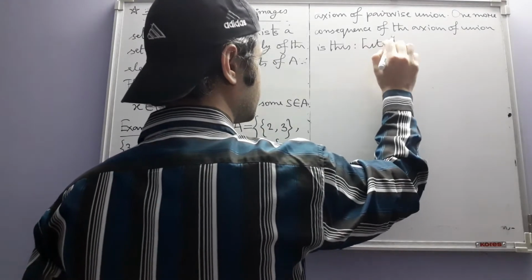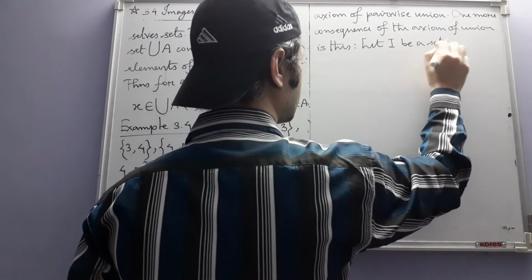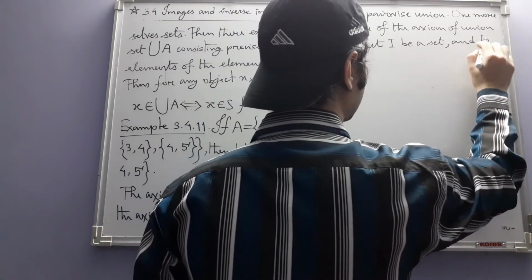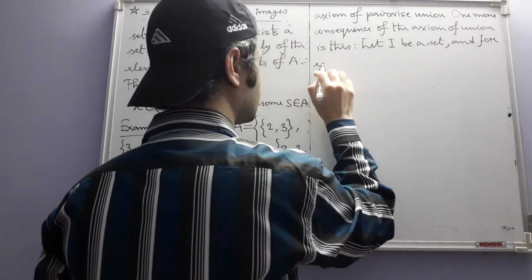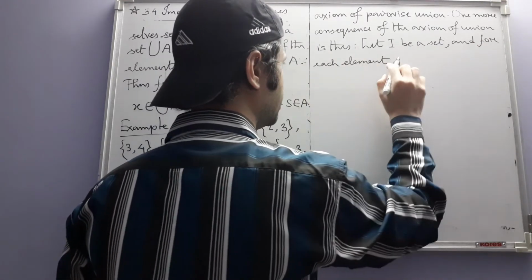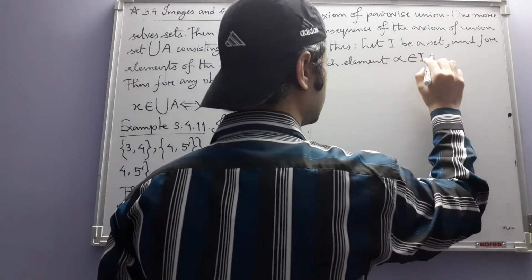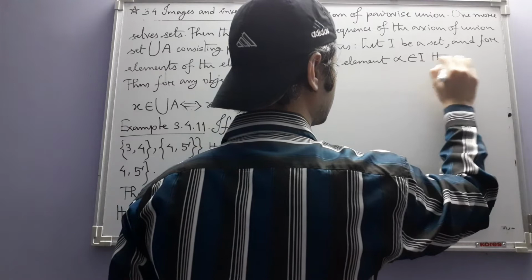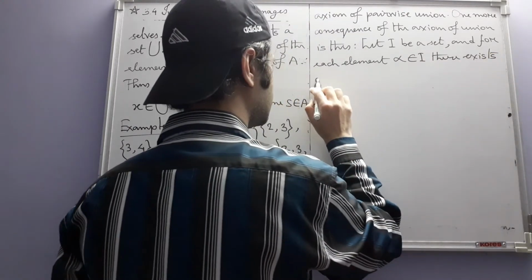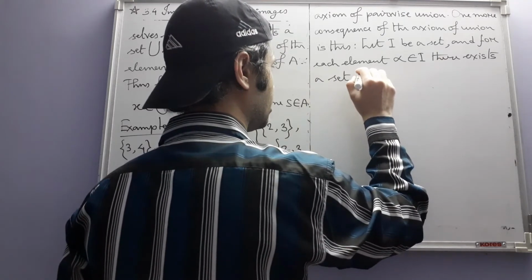Let I be a set, and for each element alpha in I, there exists a set A alpha.